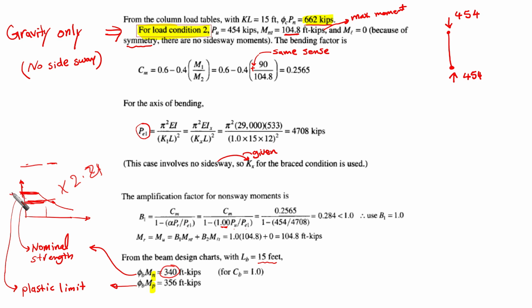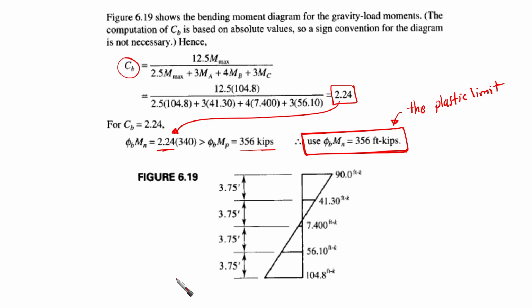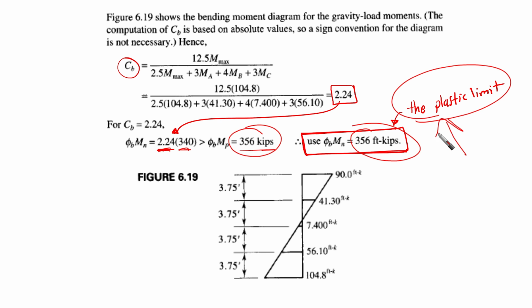Then our limit is going to be 356 in this case, right? So when you multiply 2.24 by 340, it will exceed the plastic limit. Then we're going to use the plastic limit. The plastic limit is going to be our flexural plastic limit or flexural strength of the beam column under consideration.